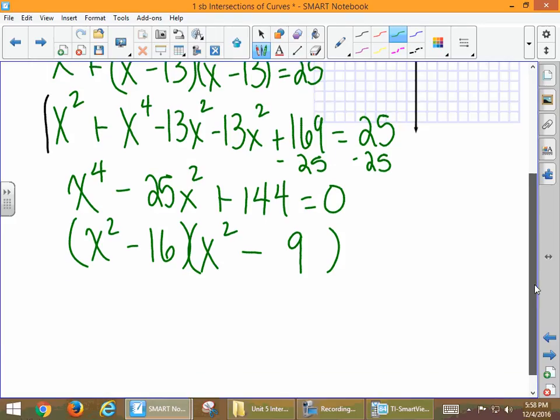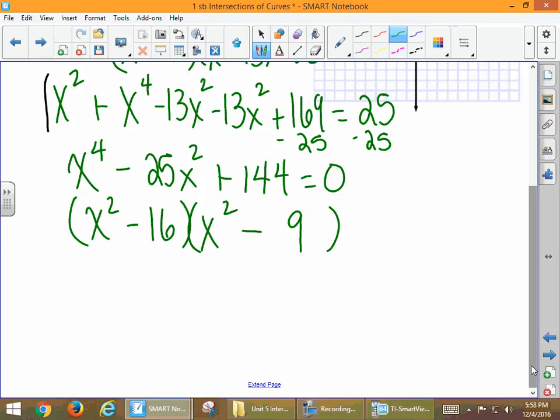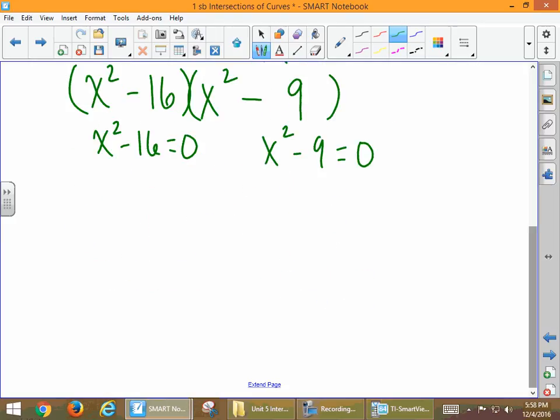We could even factor a little bit more, but more than likely what people are doing is taking x squared minus 16 and setting it equal to 0, and x squared minus 9 and setting it equal to 0.